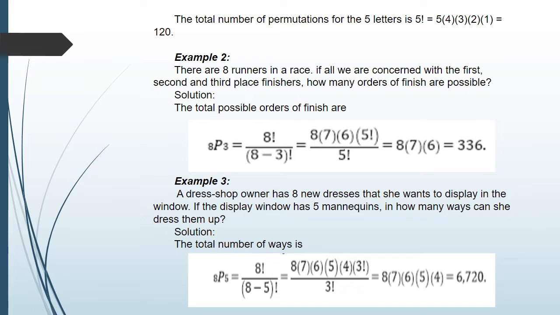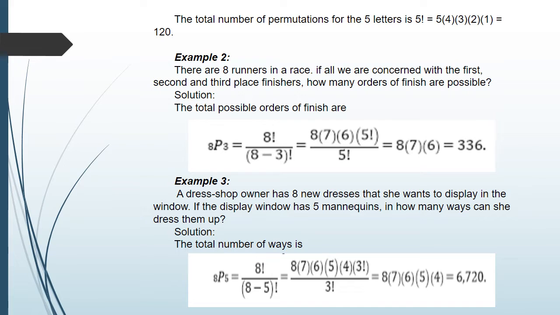The total number of permutations for the 5 letters is 5 factorial, where 5 times 4 times 3 times 2 times 1 is equal to 120. Example 2. There are 8 runners in a race. If all we are concerned with are the first, second, and third place finishers, how many orders of finish are possible?